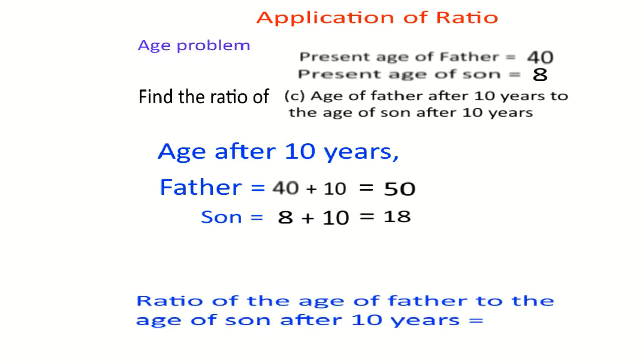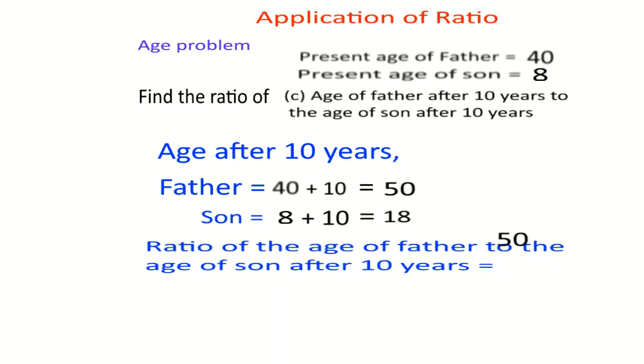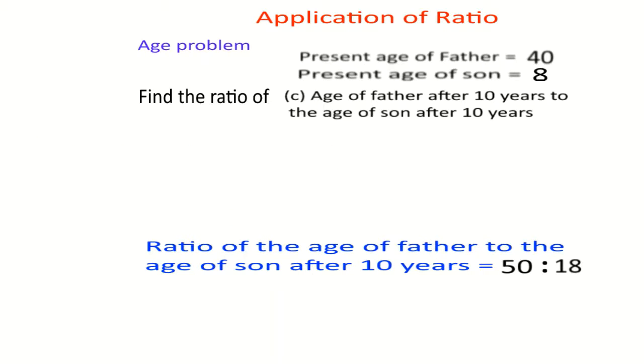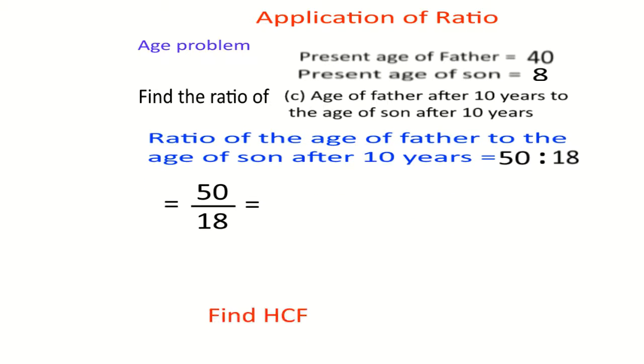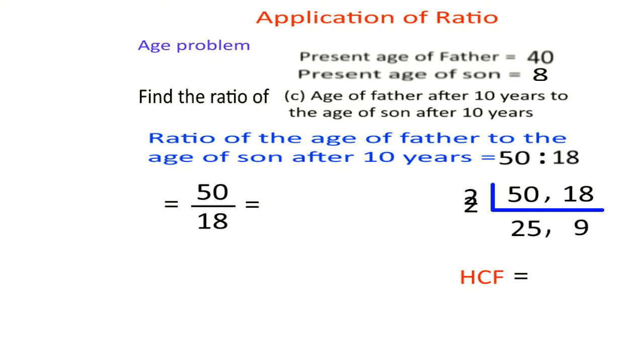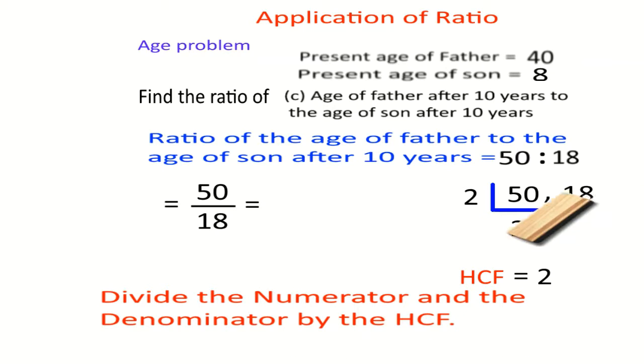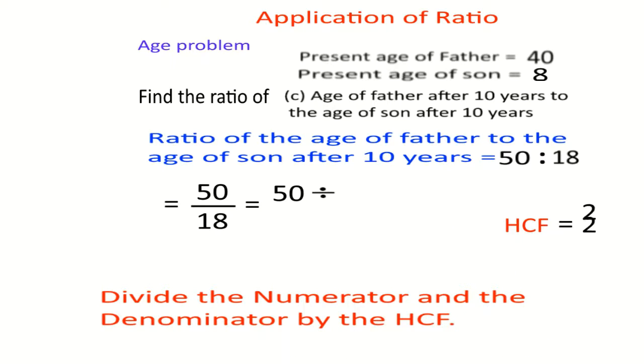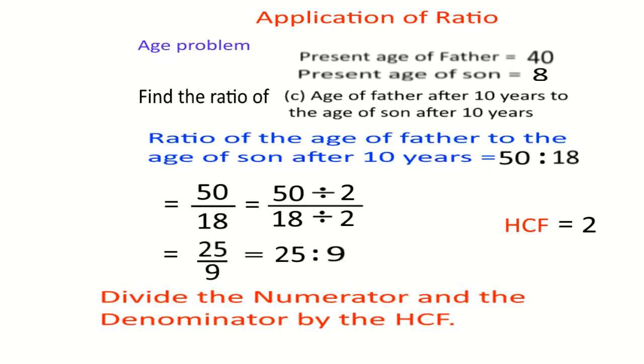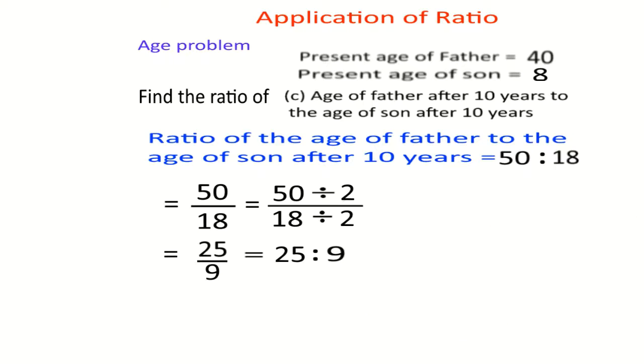Therefore the ratio of the age of father to the age of son after 10 years is 50:18. On simplifying we get 25:9.